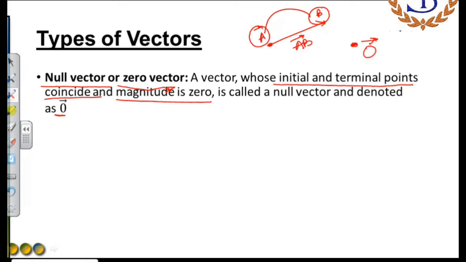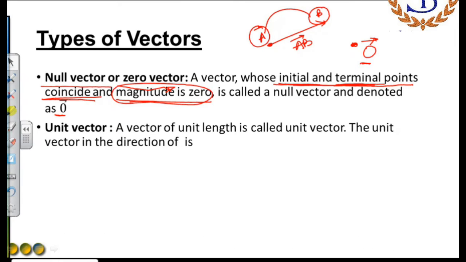So what is the definition of this null vector or zero vector? When the initial and terminal points coincide and the magnitude is 0. That's why it is a null vector or zero vector. Next is the unit vector. This we all know.